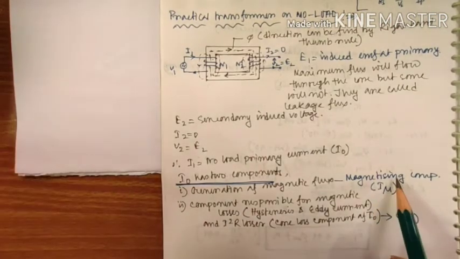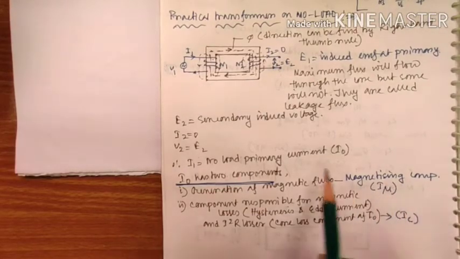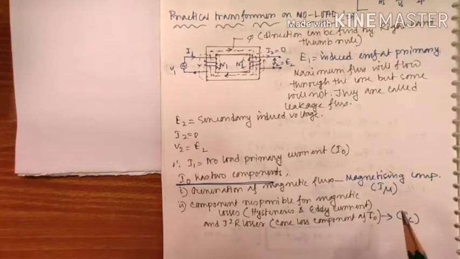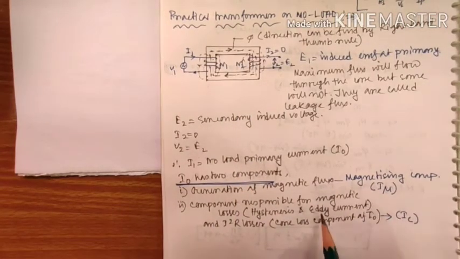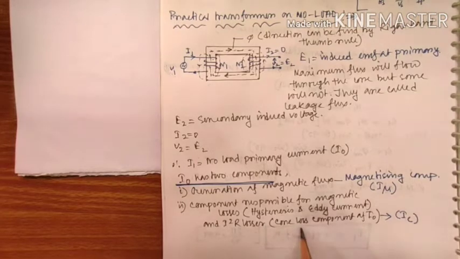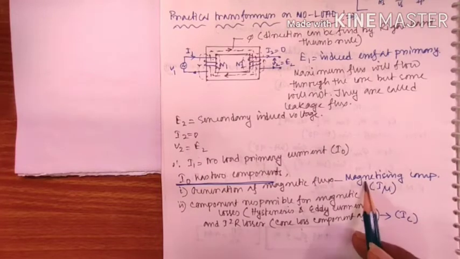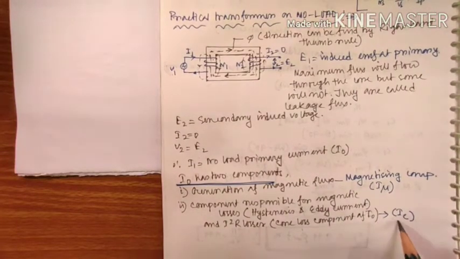The magnetizing component is responsible for producing the magnetic flux, and the loss component is present due to eddy current, hysteresis, and the core loss. Core loss is basically the heating effect, I square R losses. So the primary no load current has two components: one is the magnetizing current or magnetizing component, that is IM, and IC is the loss current.